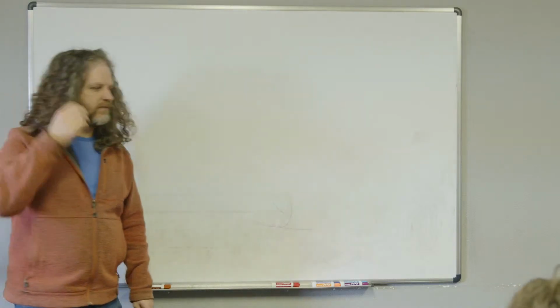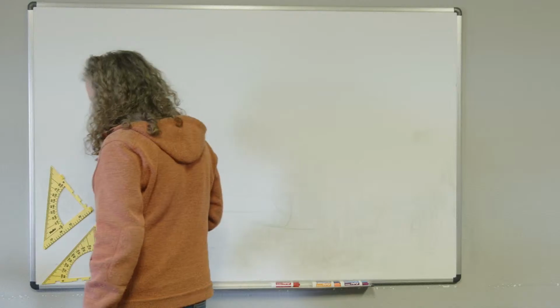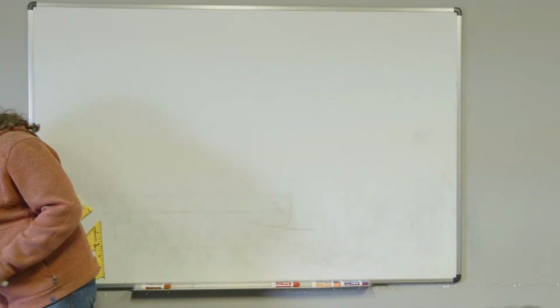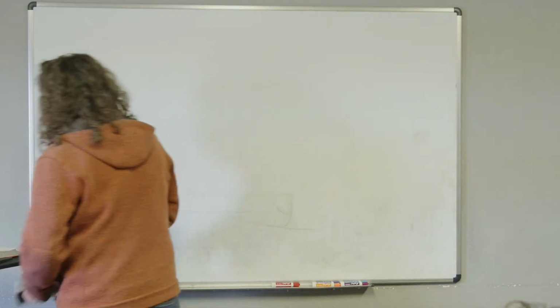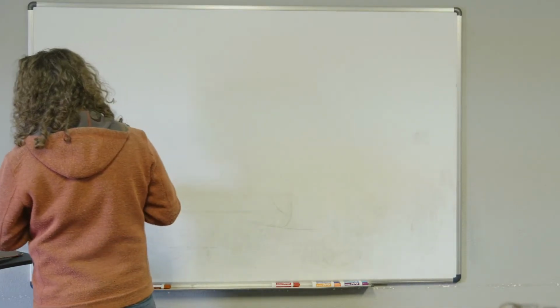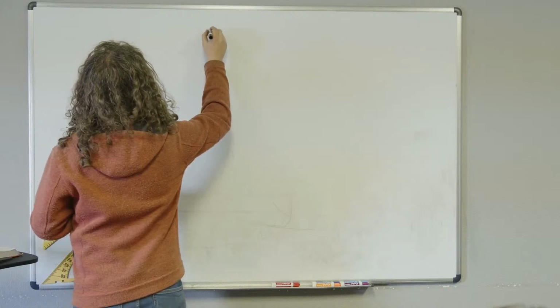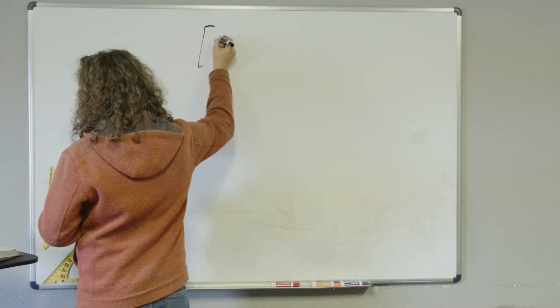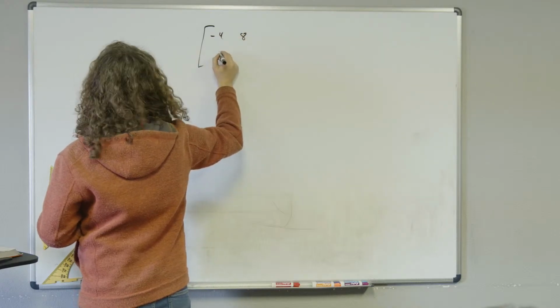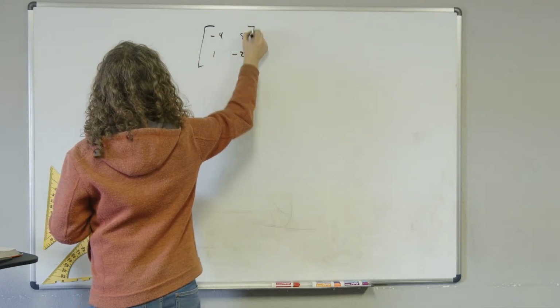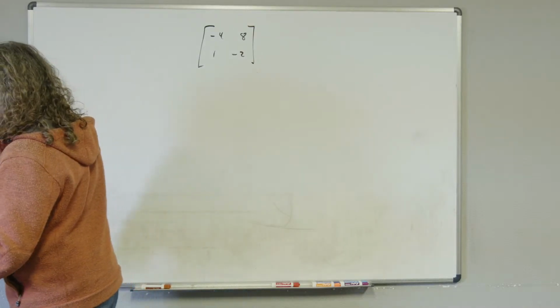Okay, so we're supposed to find the inverse if it exists. Well, it doesn't exist. It's what the key says. So the matrix we're supposed to find the inverse of is this one: 4, 8, 1, -2. The first thing we would do is find the determinant.